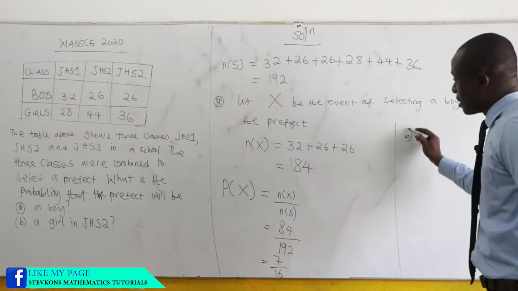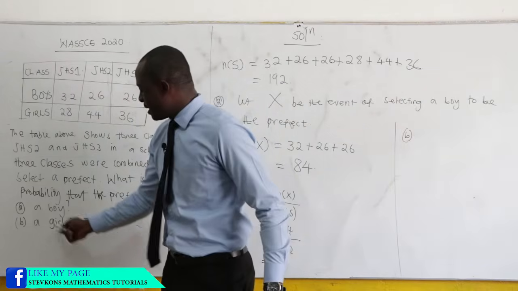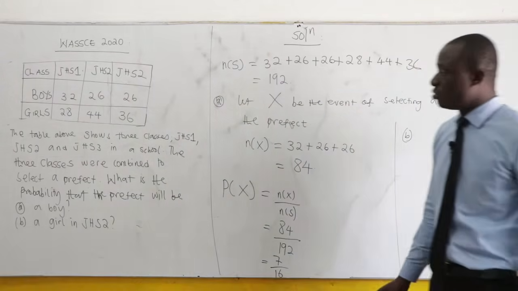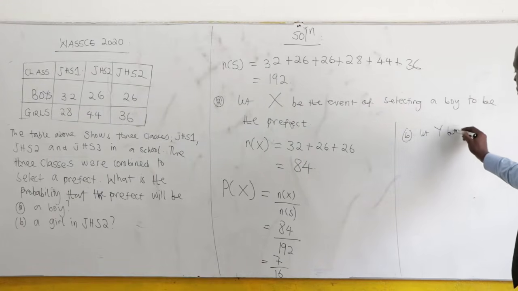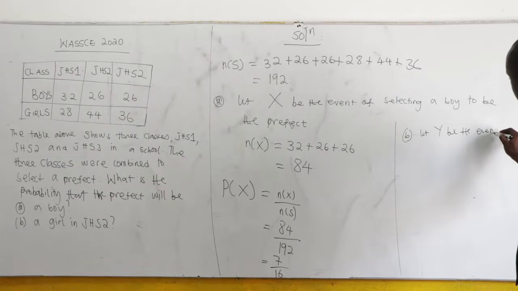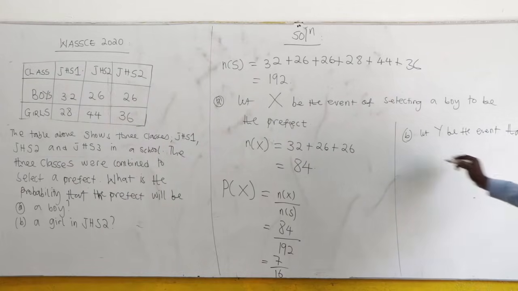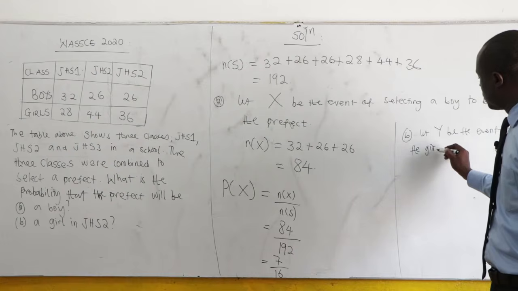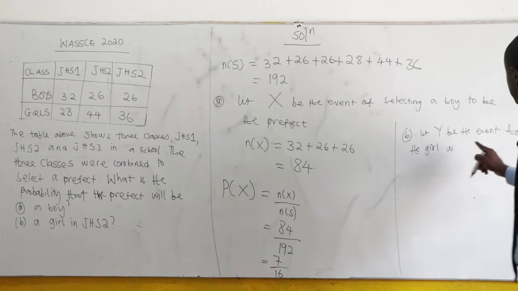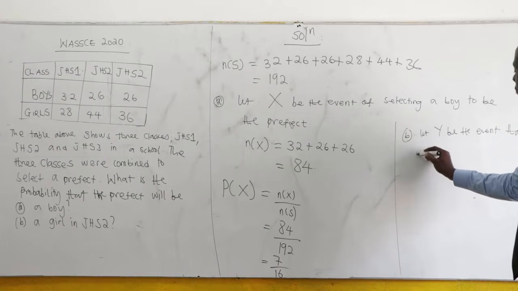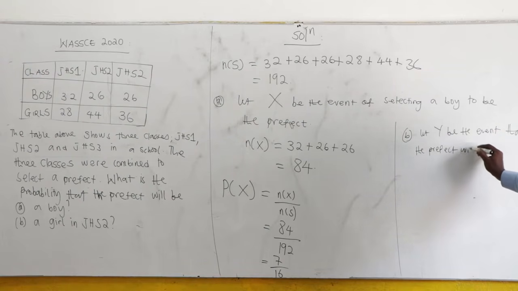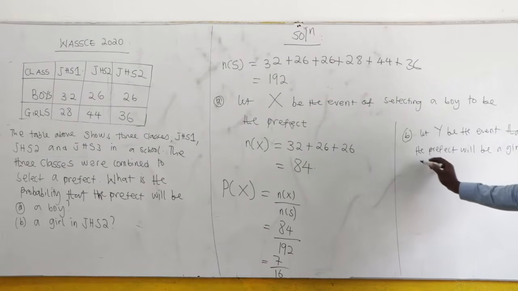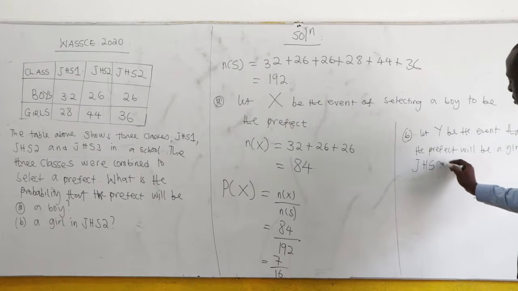Now let's see the second one. The second one says a girl in JHS2. So the event, you can say let Y be the event that the prefect will be a girl in JHS2.